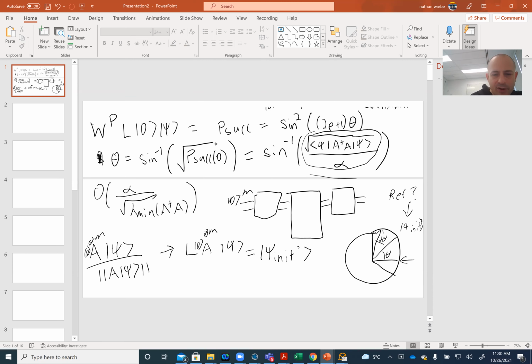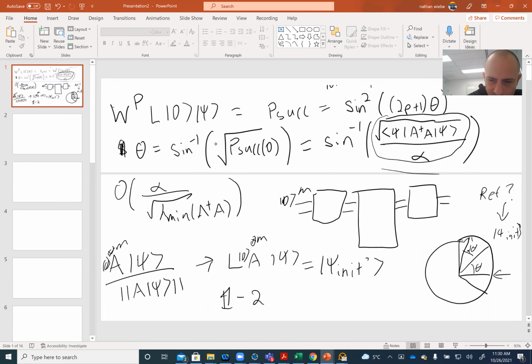Well, we need to reflect about psi init prime, and that reflection is of the form identity minus 2, 0, L, 0 tensor M A psi, 0 tensor M A psi A dagger.